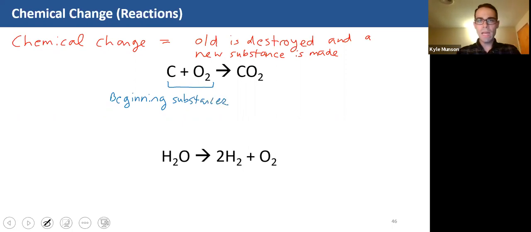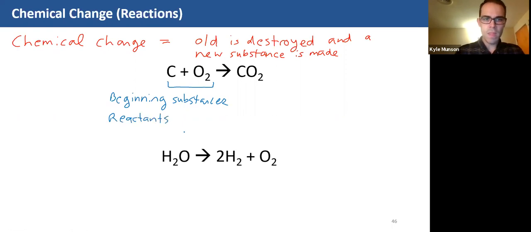They're the guys that are starting off this reaction, okay? We put carbon and oxygen together, basically. And so these substances are called the reactants, okay? And they're always on the left side of the chemical equation, okay?